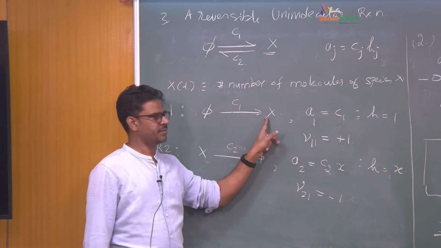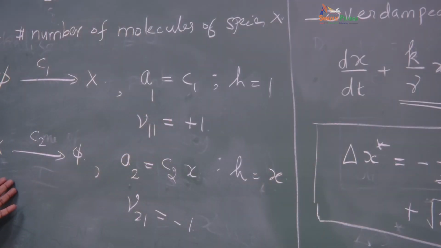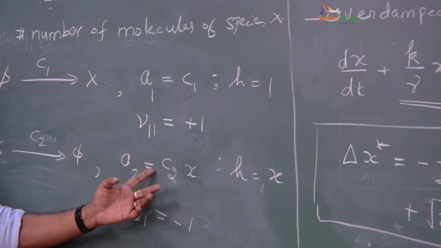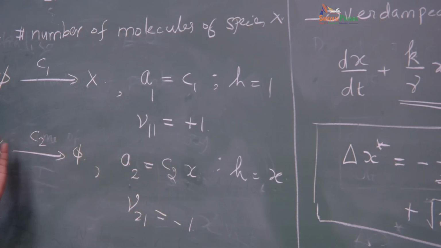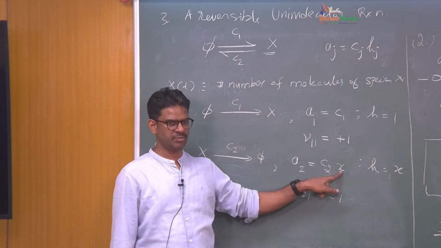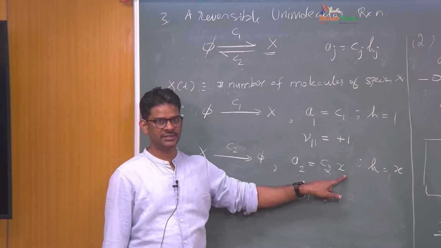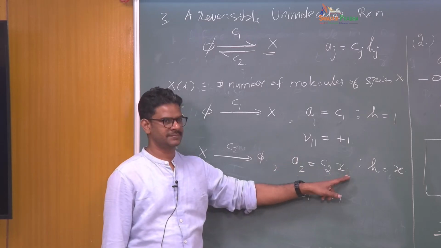It is increasing X by 1, so it's +1. When I go to the second reaction, my rate is given as C2 times X. C2 is the rate constant. X is the number of ways in which this reaction can happen. That depends on how many X molecules are present at the time t. So the propensity function, or the rate, is C2 times X.